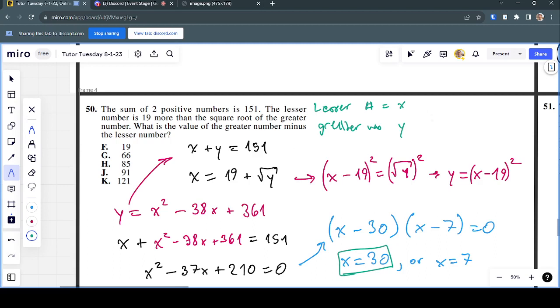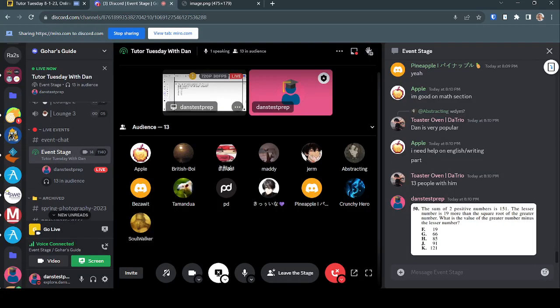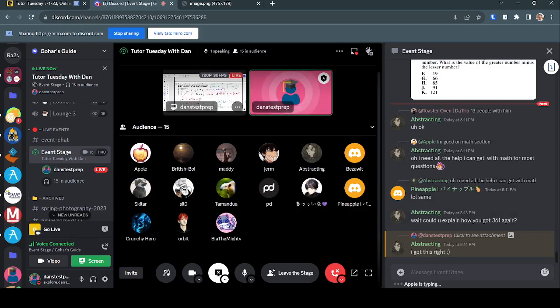If x equals 30, then y equals 151 minus 30 equals 121. And then the value of the greater number minus the lesser number is going to be, let me do it in a totally different color. Oh, I don't like yellow. Y minus x equals 121 minus 30, which should be 91.